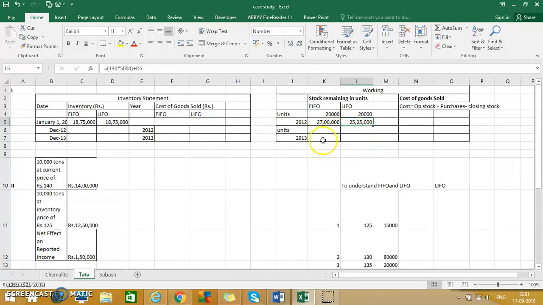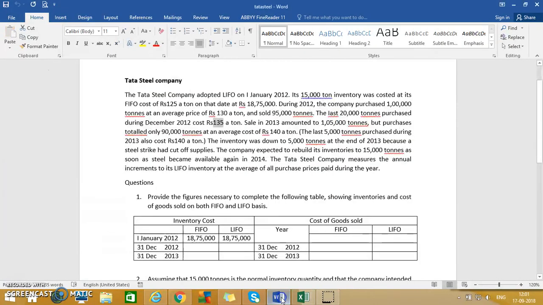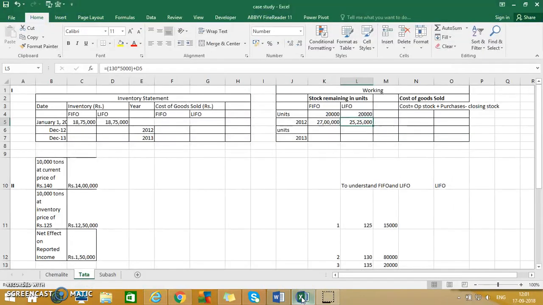How about 2013? He says that in the year 2013, he has purchased material of 90,000 tons, while the sale is 105,000 tons. So here the purchases were less and the sales are more. So that means out of whatever material that he had, how many units? 20,000 units.